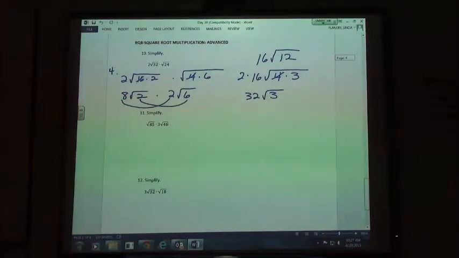I'm going to get 55.4256, and so forth. I'm going to remember that. I'm going to check my answer by doing 32 square root of 3. So if I put in 32 square root of 3, do I still get the 55.42, and so on? Sure enough, I do. So that gives me a good idea. Yep, I did it right if I want to try to check my answer that way.